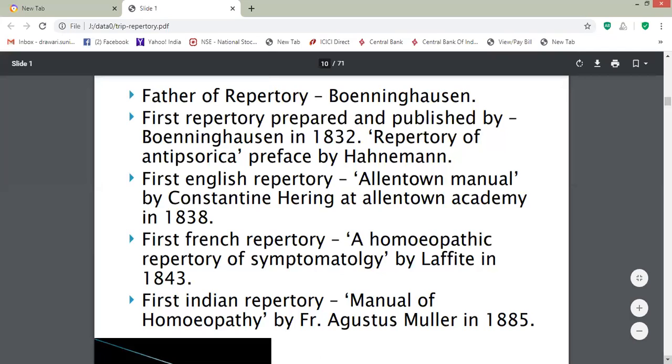So this was the first English repertory. Before that, most of the repertories were in Latin. So the first English repertory was Allentown Manual, which was written by Dr. Constantine Hering at Allentown Academy in 1838.